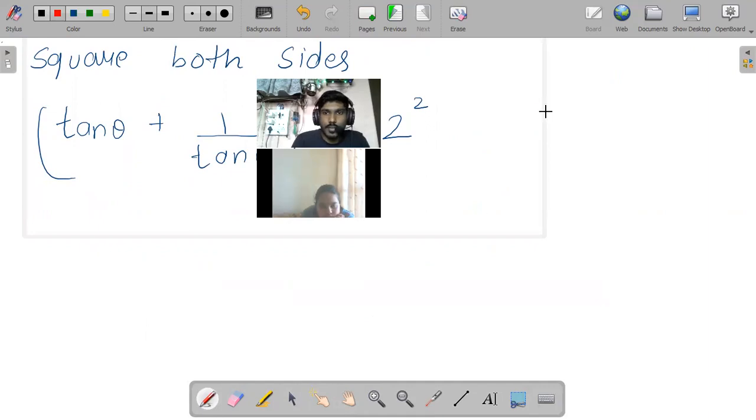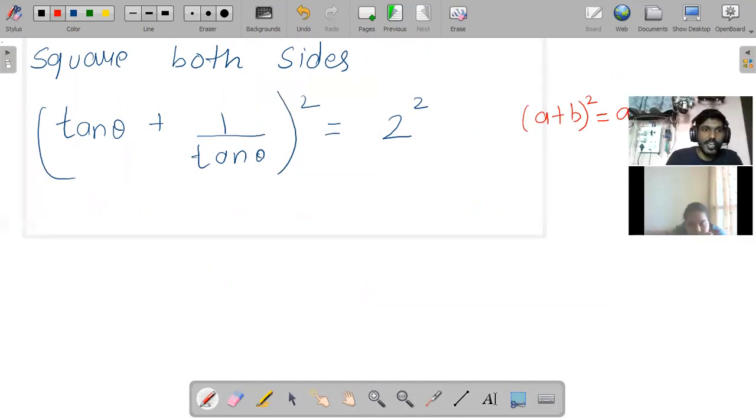Do you remember the formula, A plus B the whole bracket square, A square plus 2ab plus b square? So we will be using this formula on the left hand side. This is A and this is B. Now expand it using the formula. So A square, can you tell me the expansion?